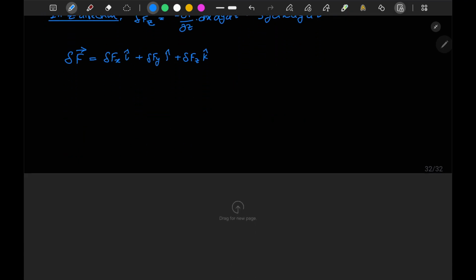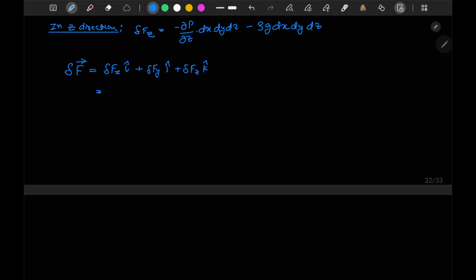Substituting the values, this becomes minus of del p by del x times i cap plus del p by del y times j cap plus del p by del z times k cap, into dx dy dz, minus the weight in the k component also, rho g times dx dy dz times k cap.